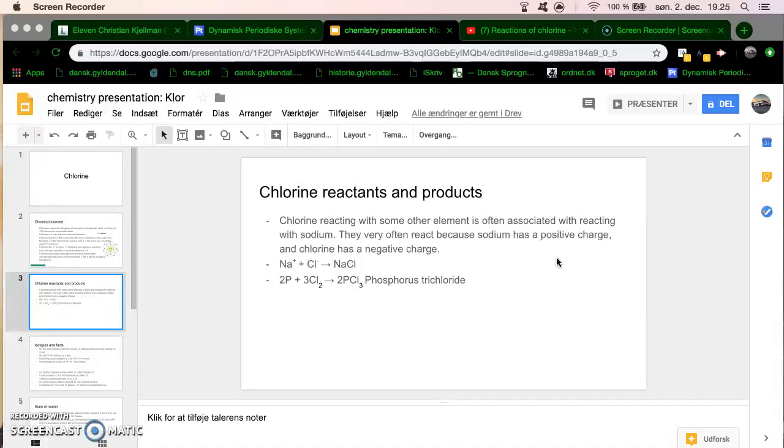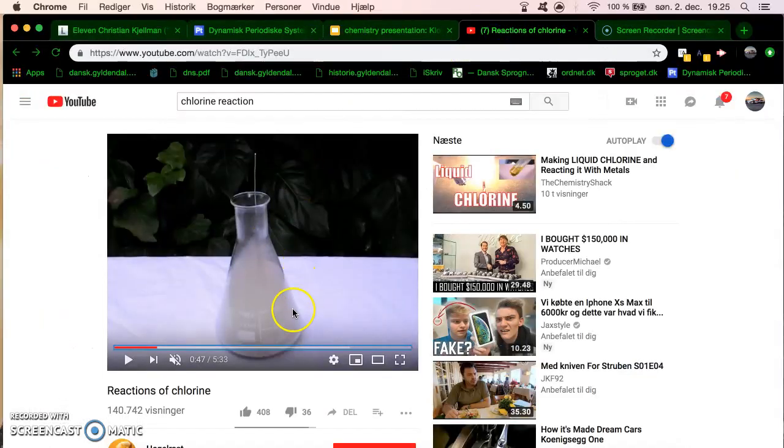So that gives us a total of 6, but only 2 trichloride molecules because they are bonded together. And we can see a reaction when they bond together, just here.